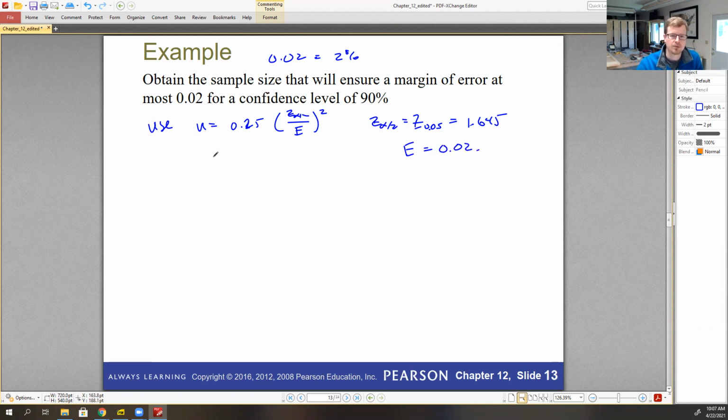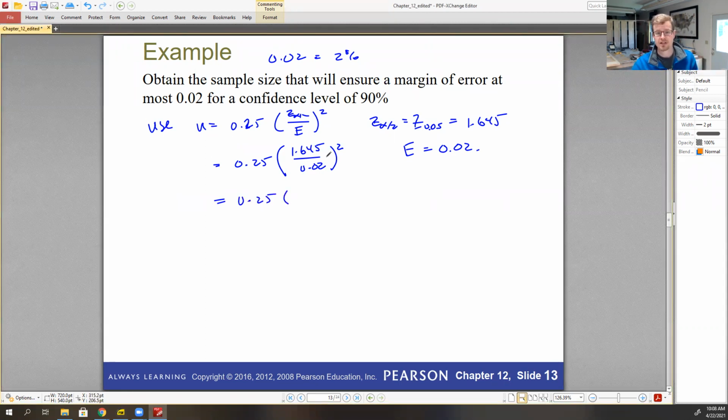Excellent. So we can plug those values in: 0.25 times 1.645 divided by 0.02, squared. What we can do with this now is just punch it into our calculator, and that would be absolutely fine. Maybe do this in a couple of steps.